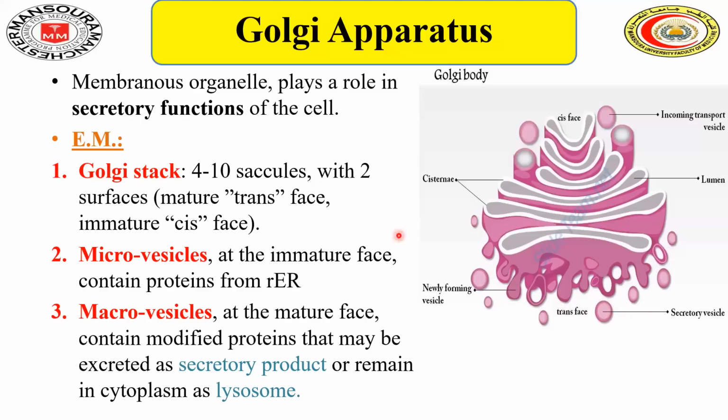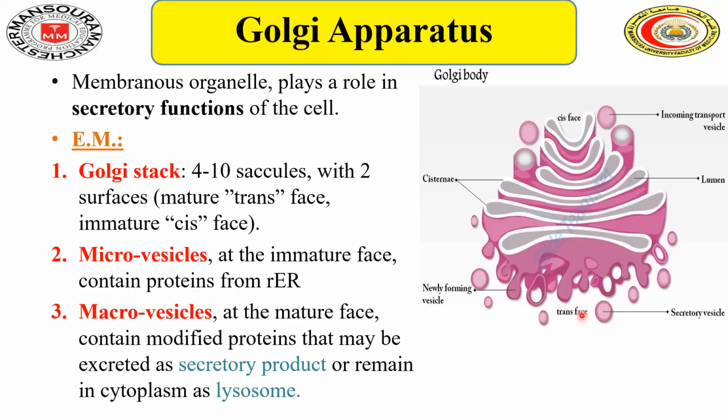Regarding the other type, the macrovesicles are present on the other surface, the mature phase. They are large. These vesicles contain proteins also, but here the proteins are modified. They are not raw. They are modified inside the Golgi stack by the enzymes present inside. Lastly, they get out from the Golgi as modified proteins from the mature phase, and they are called macrovesicles.